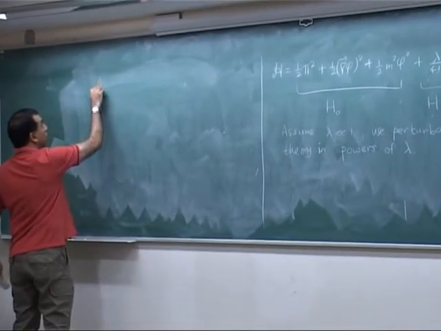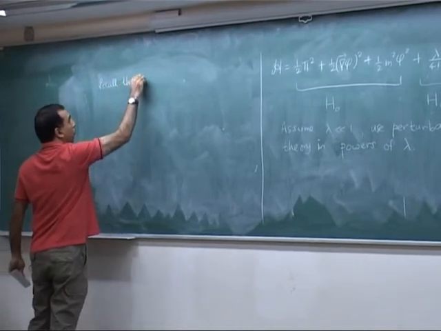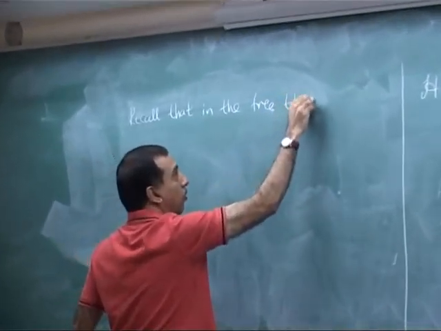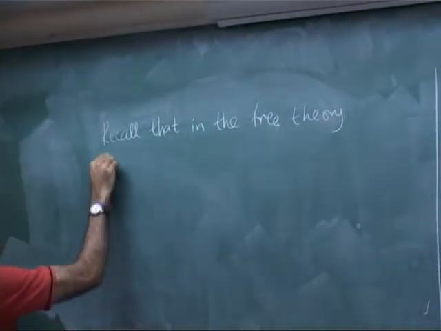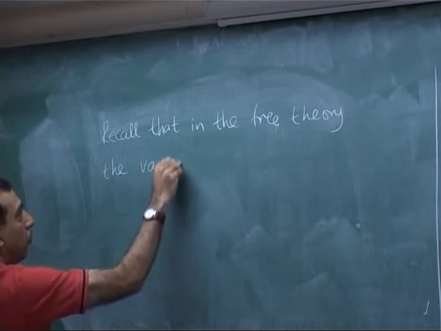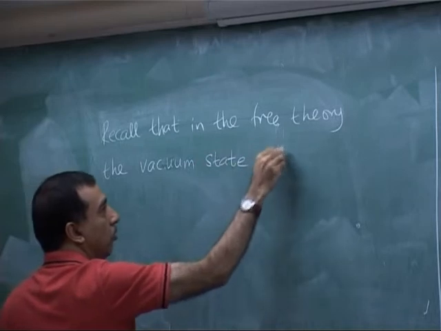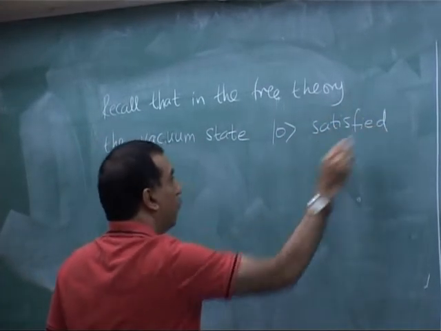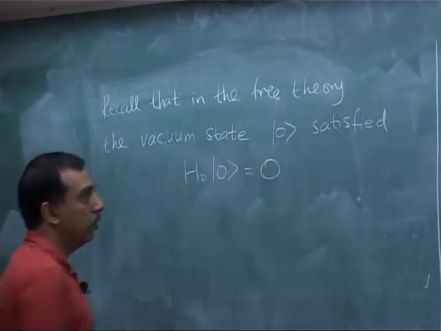Now remember that in free theory, from now on, whenever I say free theory, I mean the theory with Hamiltonian H0. The vacuum state |0> satisfies H0|0> = 0.